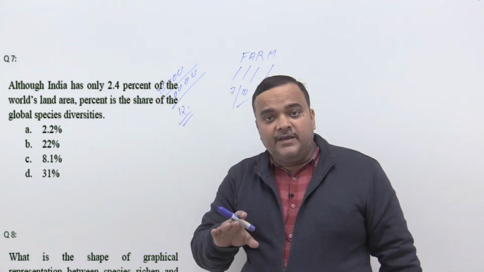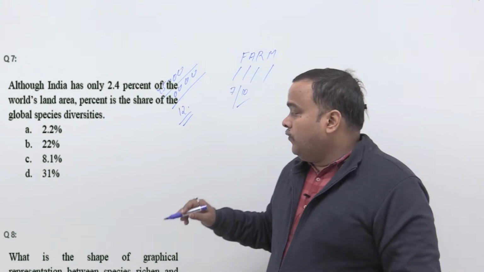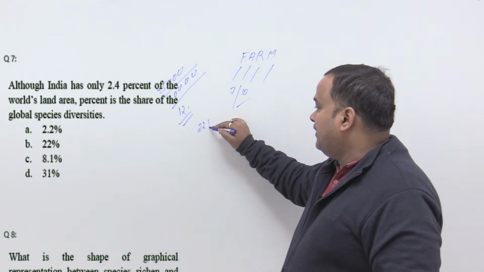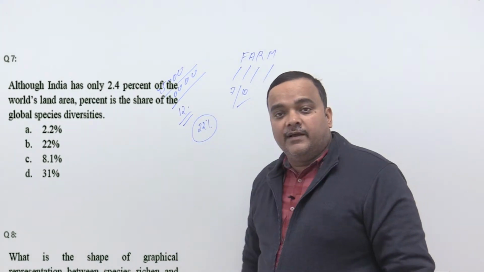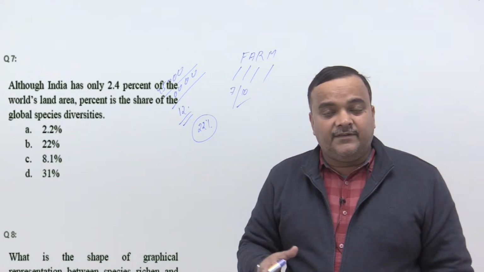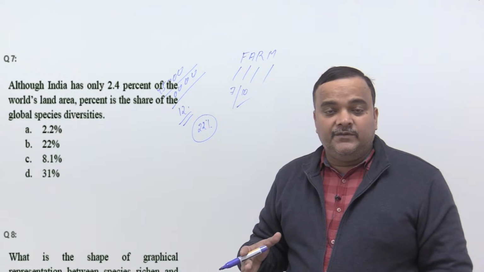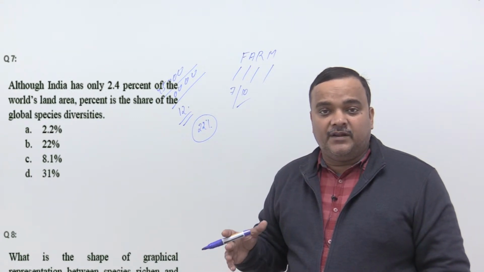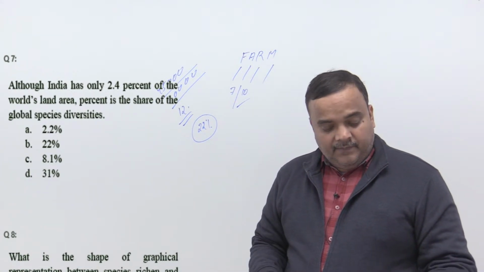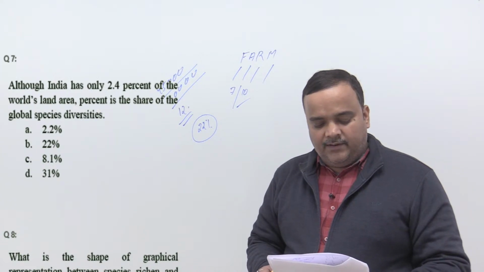And if Robert May's estimate is applied to India, so far we are able to identify only 22% of the total diversity of India. So still a large number of animals and plants are yet to be discovered and named in India. Approximately 1 lakh species of plants and more than 3 lakh species of animals are there in India. So answer will be C, 8.1.